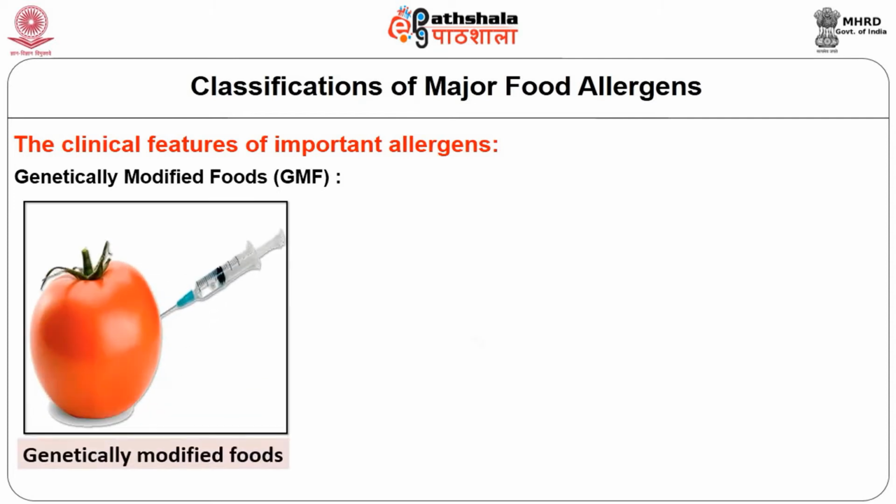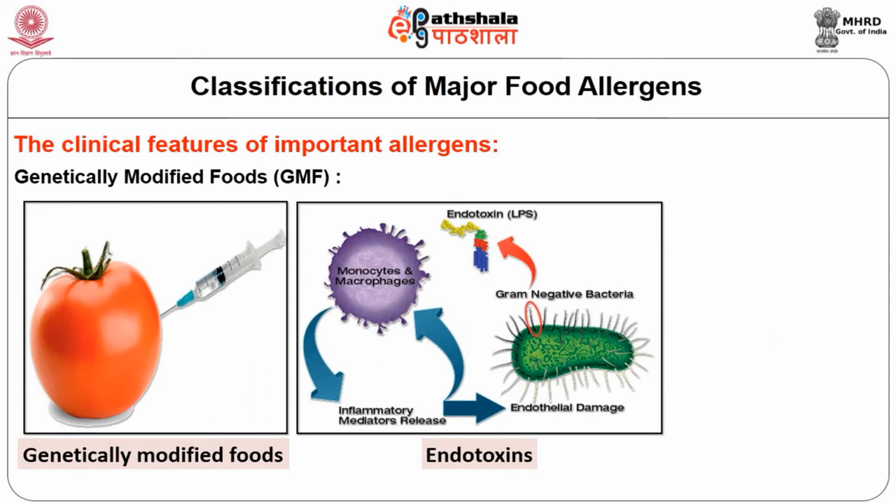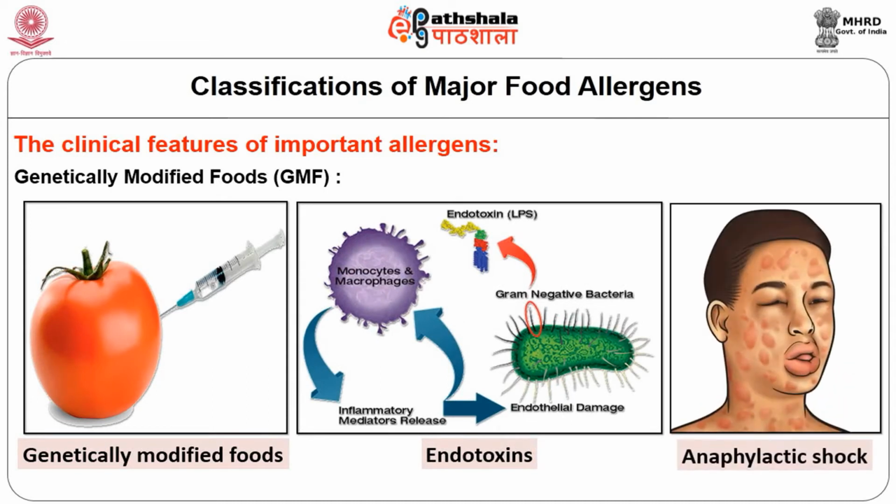To meet the demands, many commonly consumed foods are produced more in quantity by altering the gene, which is called genetically modified foods. These transgenic plant foods could cause severe allergic reactions because of the presence of endotoxin. These endotoxins could also lead to anaphylactic shock.